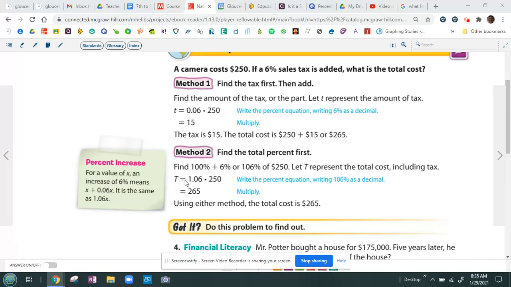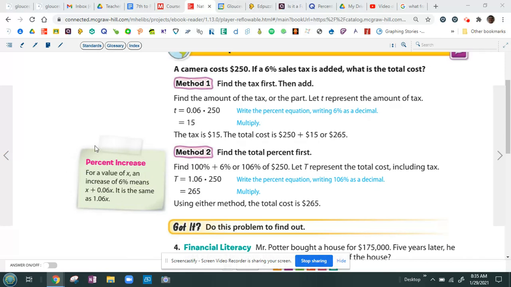Okay, so then we have this part is actually going to be bigger than the original because we're finding a percent bigger than 100. All right, so we can find the final cost by just multiplying the original cost by the percent with the 6% added in, and that gets us the 265 right away.